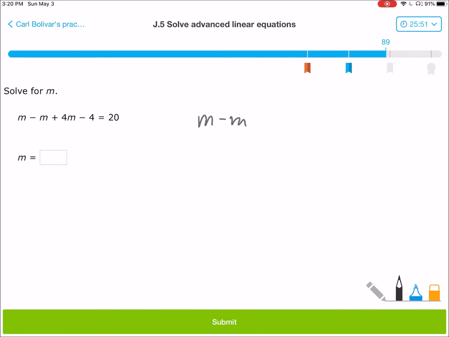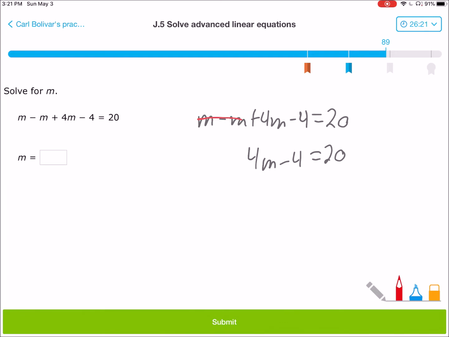M minus m plus 4m minus 4 is equal to 20. Alright, so let's first simplify all of these m's. M minus m is basically nothing, so that'll eliminate itself. And then what we're left with is 4m minus 4 is equal to 20.